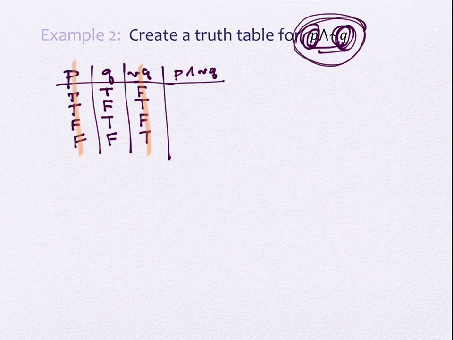When they're both true. On the first row, I have true and false, which gives me a false statement. The second row, I have true and true, which gives me a true statement. The third row, I have false and false, which gives me a false statement. The fourth row, I have false and true, which gives me a false statement. And then we're done.